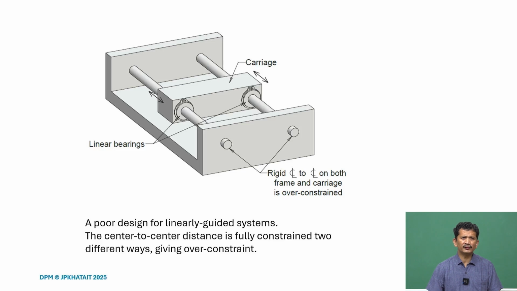If we take these kinds of examples, they are very good examples. Many of the designs in automation systems or in robotics frequently use this. We have a carriage and linear bearings here, and we provide two guides. What is the challenge here? What are the issues?